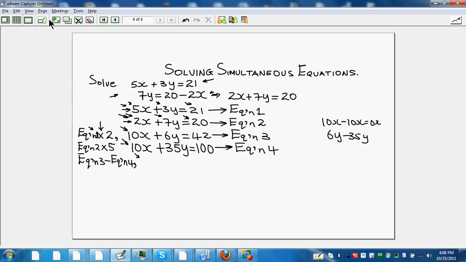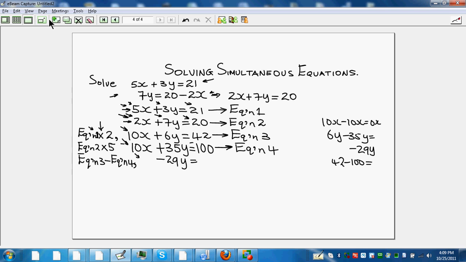6y minus 35y, when you work that out, you're going to get minus 29y. So we'll put that here. Minus 29y. And then we will do 42 minus 100. 42 minus 100 is our next step.